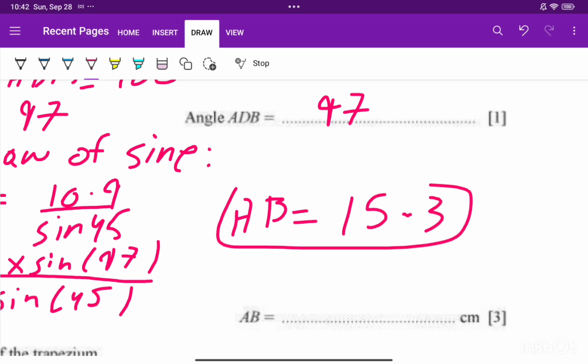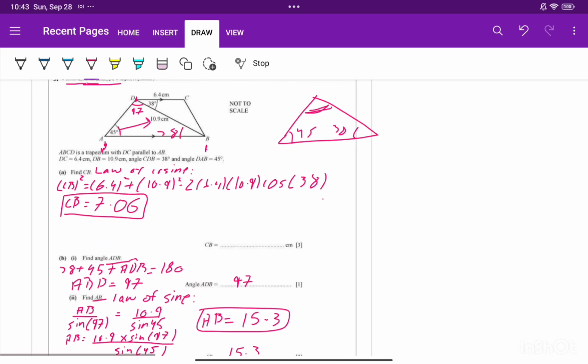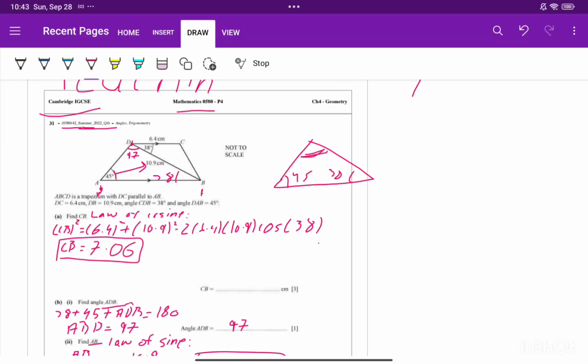Our answer is 15.3. Now part C, calculate the area of the trapezium.